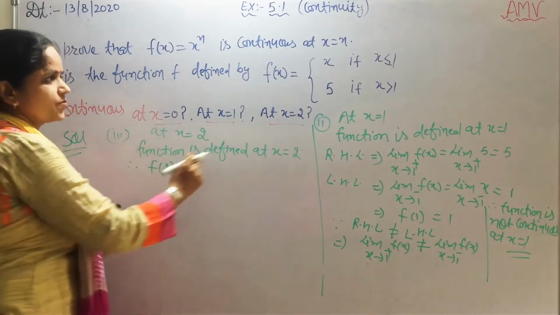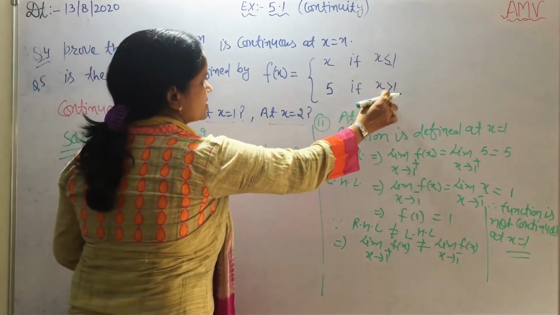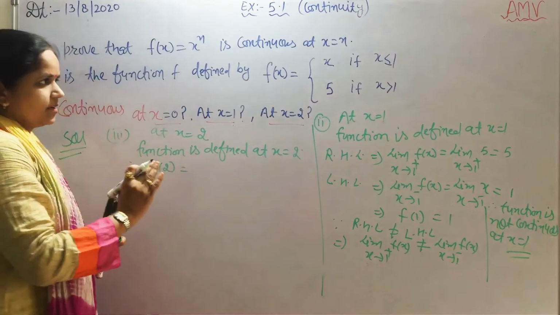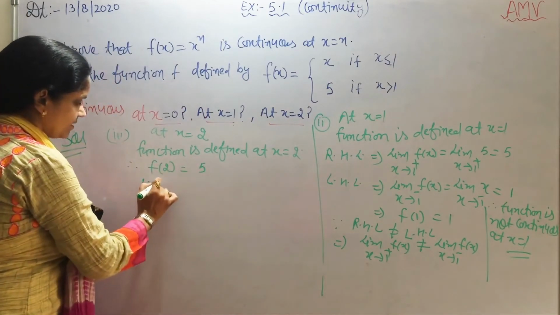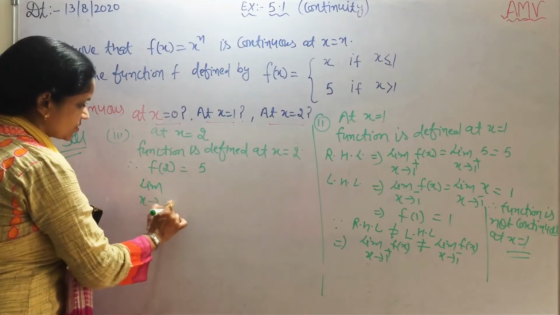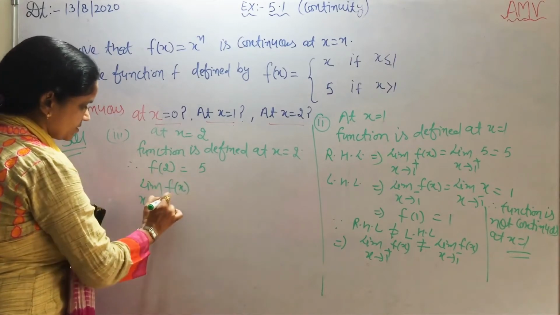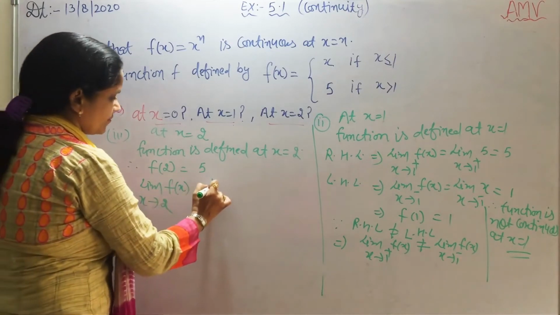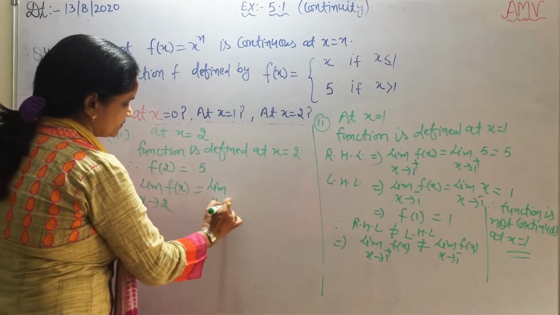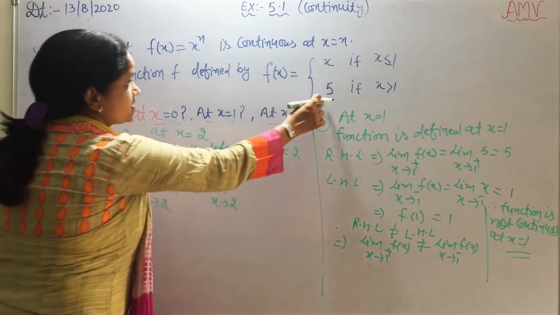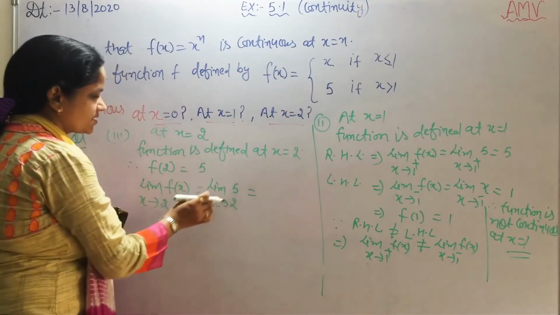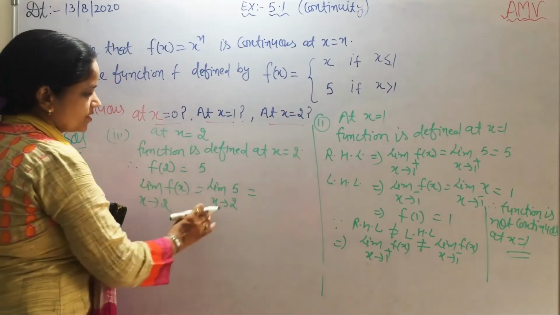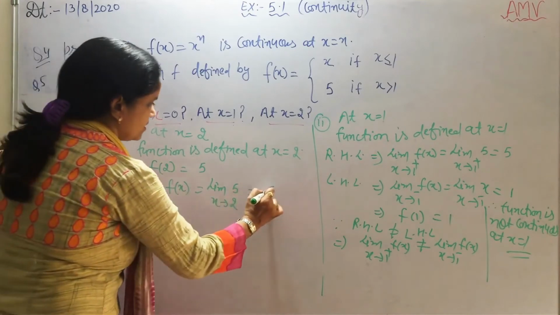For this you have to take the value when x is greater than 1. It is 5. Now find the limit as x tends to 2. The function is 5 only, right? Here x is not given, students, so the limit of the function is 5.